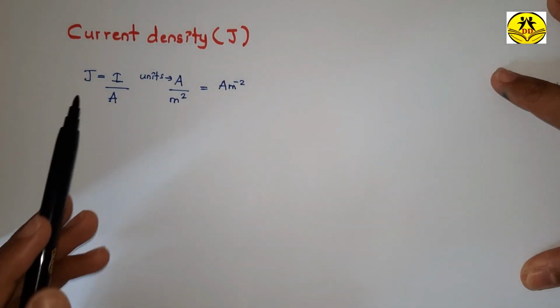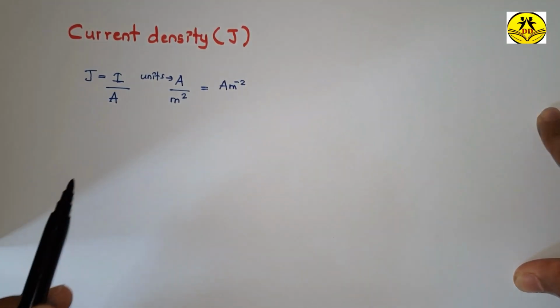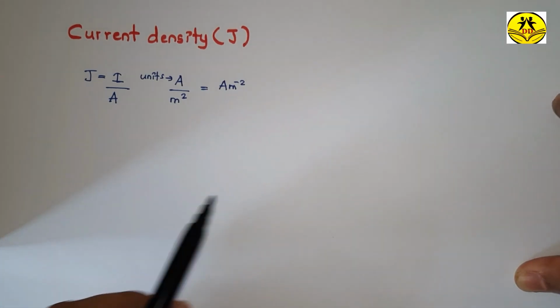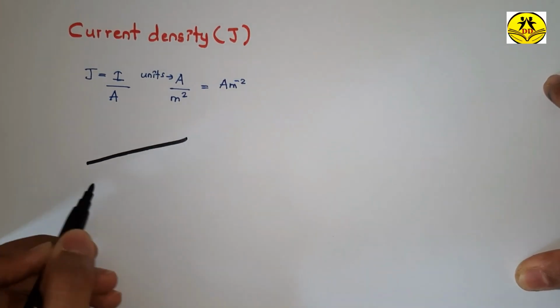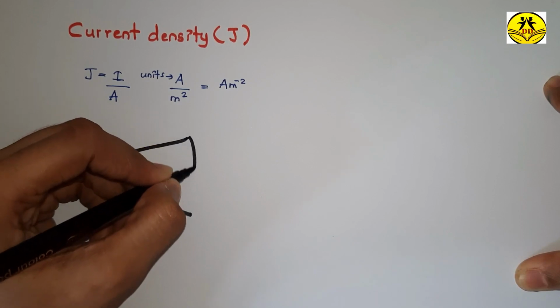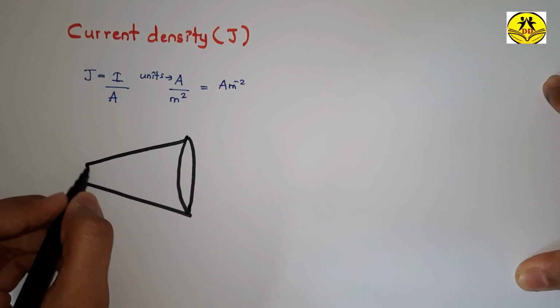So we need current density for instances like this, when the cross-sectional area of a conductor is not uniform throughout the conductor, we need this term.